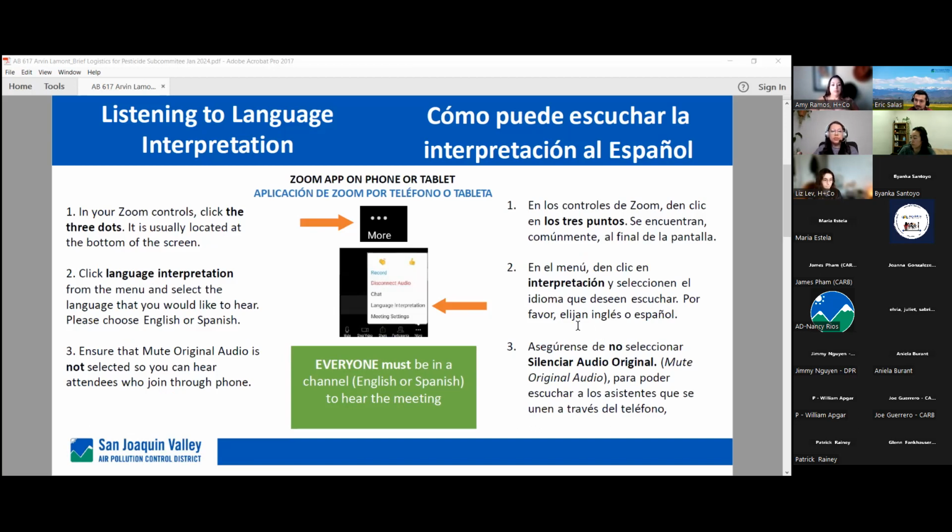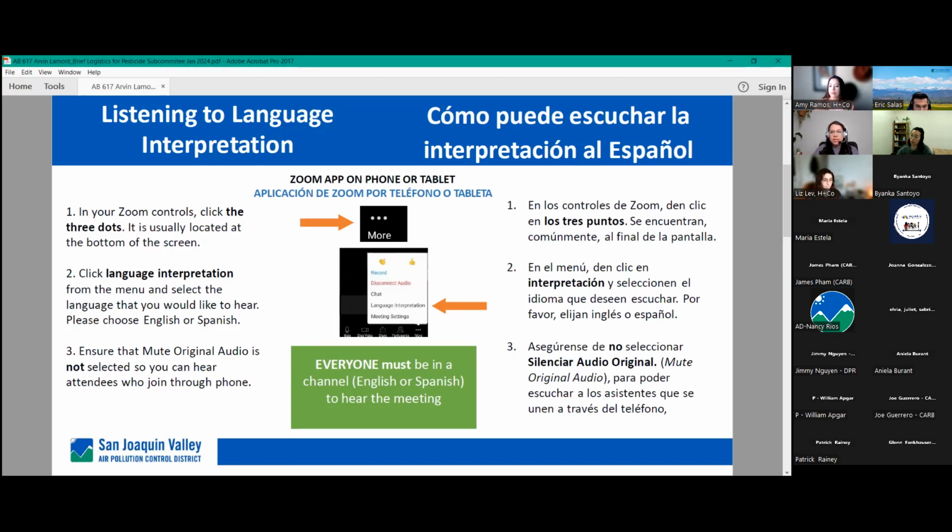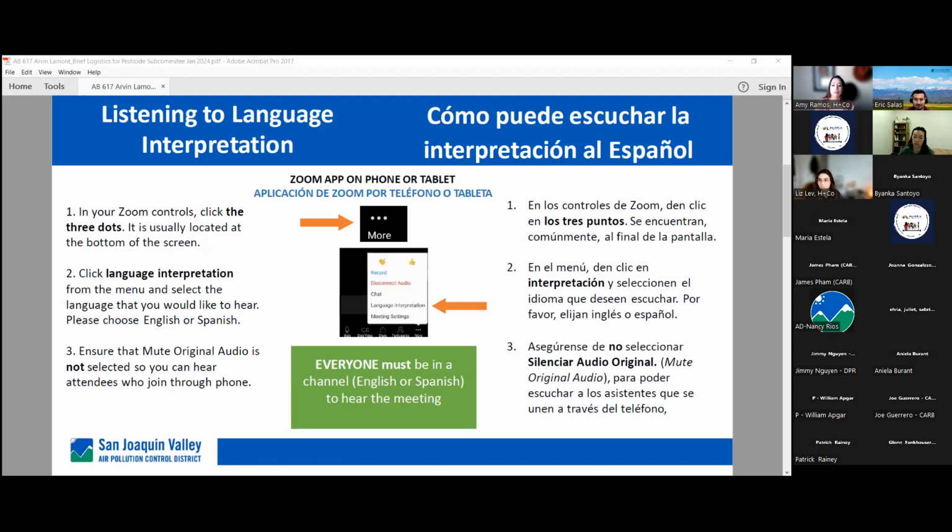You need to tap your screen, find the 3 dots either on top or at the bottom of your device, select language interpretation, then select English, and then it's very important to select done or finalize so you can have the option ready for you. Thank you very much. Thank you. And please let us know if you're having any issues getting into the interpretation channel or hearing the interpretation.